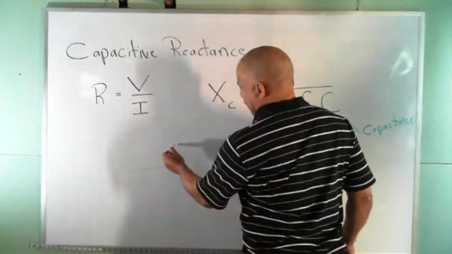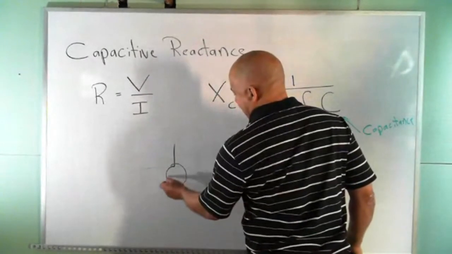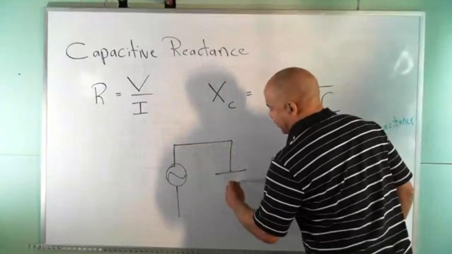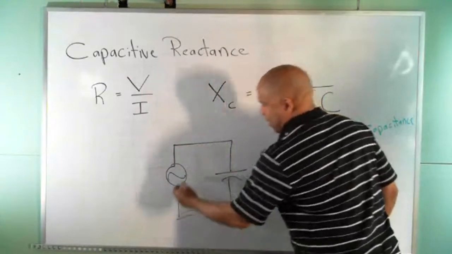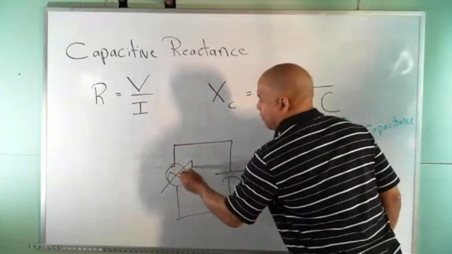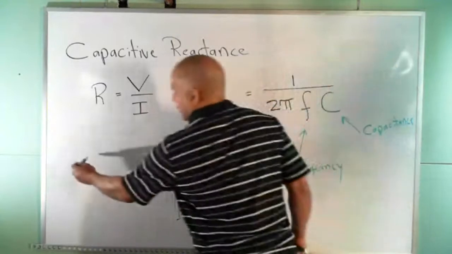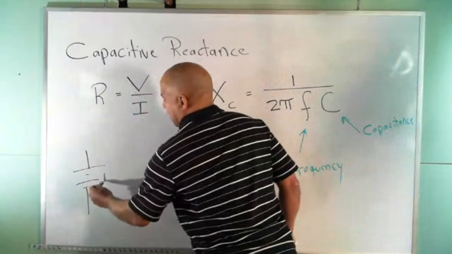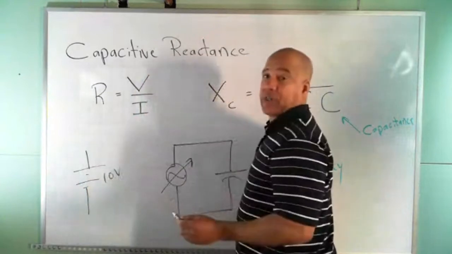I can have an AC circuit like this, where I have a capacitor hooked up. And if I put an arrow through it, like a DC source, it might be 10 volts.